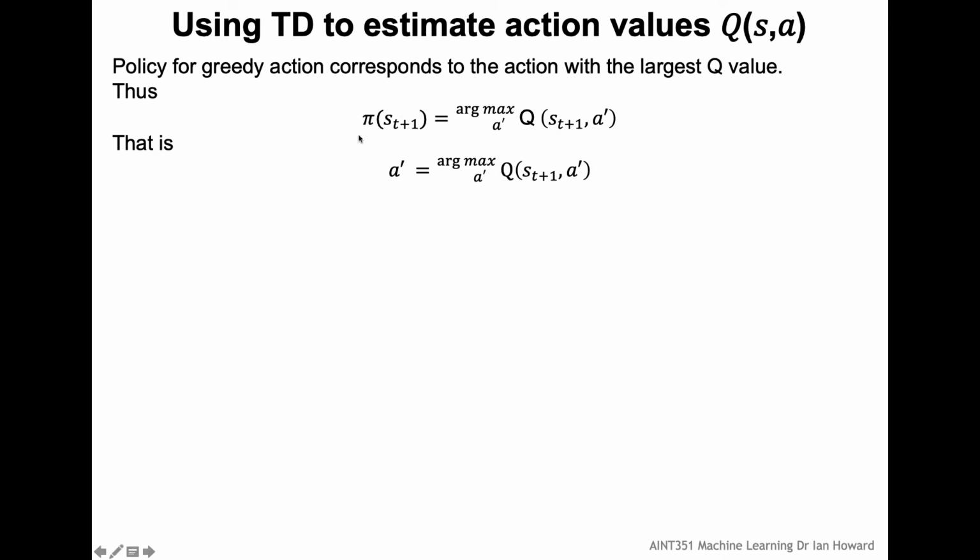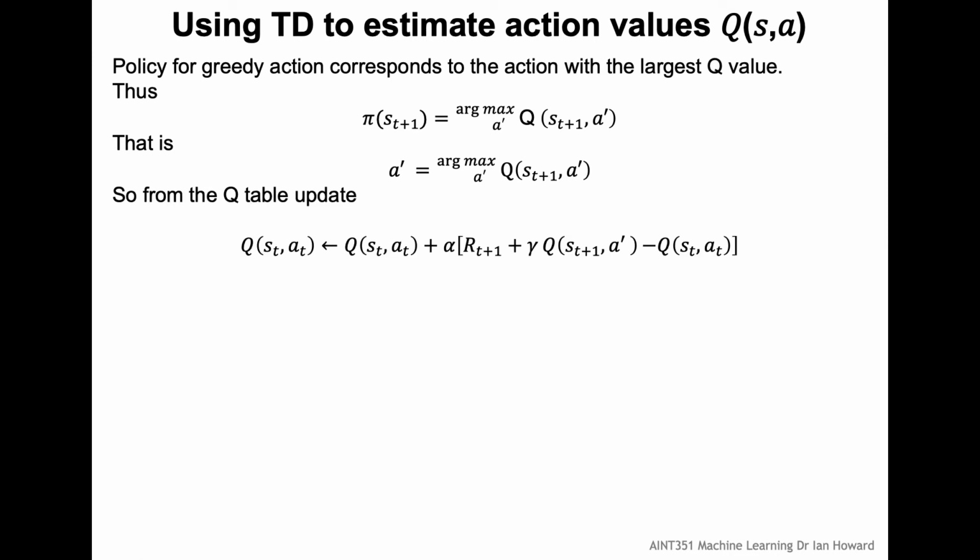So in other words, the action that we select by being greedy is going to be the argument of the maximum of the Q function at that state across all the actions that we could possibly take at that time.